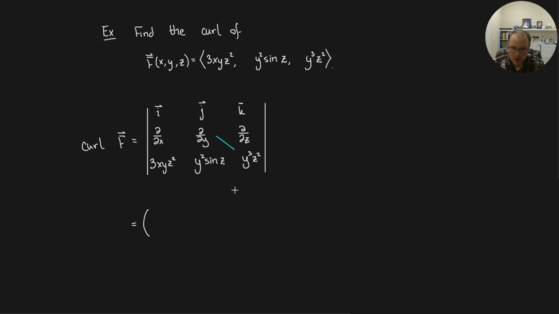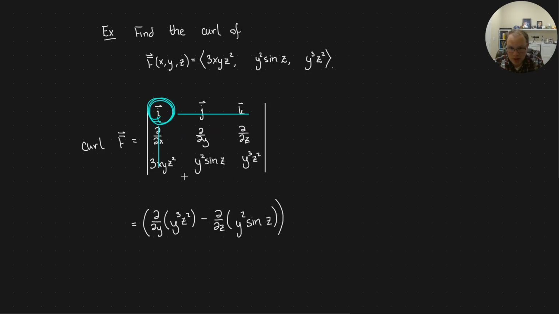So these two together, I get partial derivative with respect to y of y cubed z squared, minus, and now these two together, partial derivative with respect to z of y squared sine z, and then multiply by the i. That'll be the first component of the curl of my vector field.